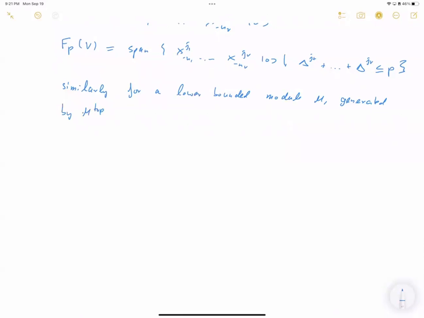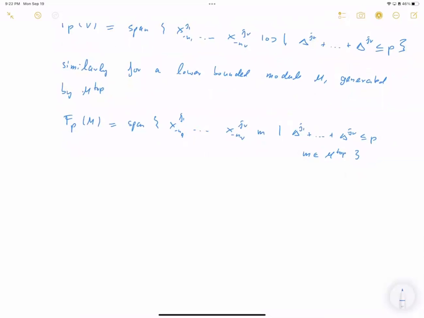Then we can define this completely in analogy: any words, any monomial acting on a top level vector. So that also gives us a subspace of our module.